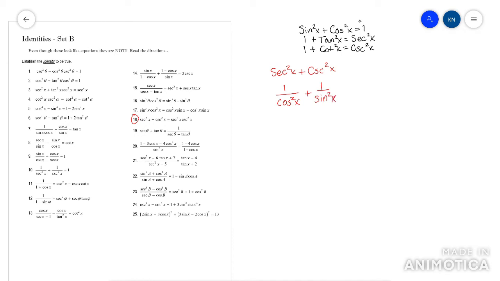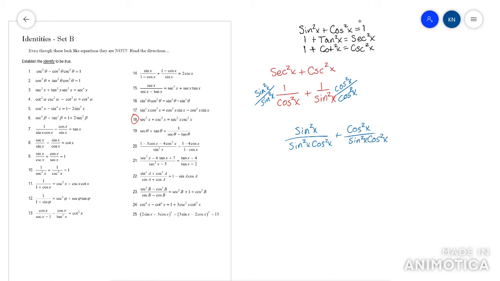Then I'd think to myself, okay, I probably need to get a common denominator. So the one on the left needs a sine squared. The one on the right needs a cosine squared. So when you rewrite it, it's going to be sine squared over sine squared cosine squared plus cosine squared over sine squared cosine squared.